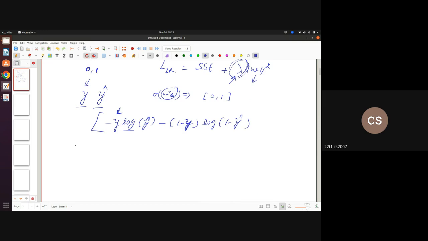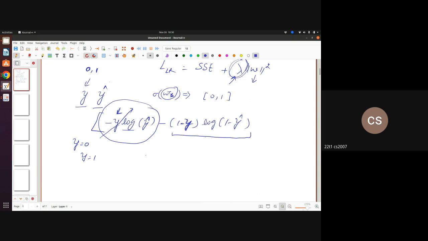So when y is equal to 0, this whole term becomes 0, right? This y becomes 0. So we are left with this particular part. So when y is equal to 0, we use this. And when y is equal to 1, this term becomes 0 and we are left with this particular part, right? So this is a combined formula, you can say.